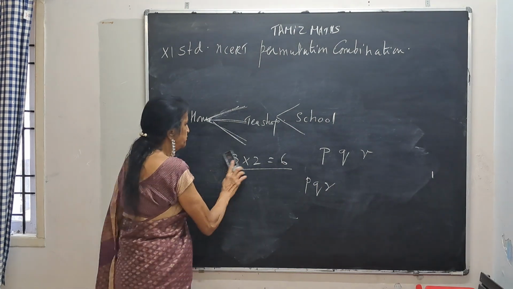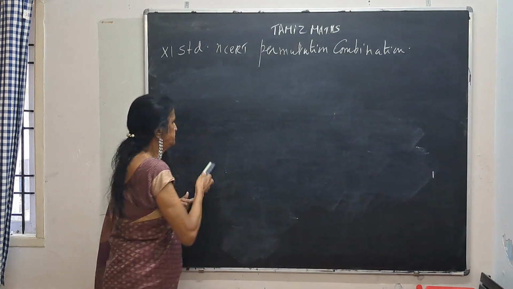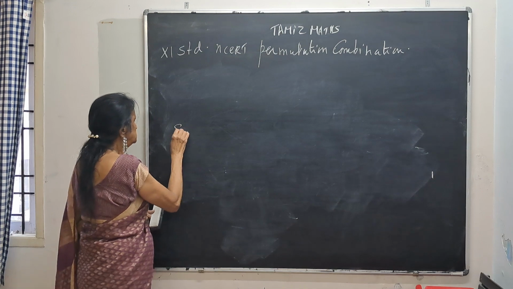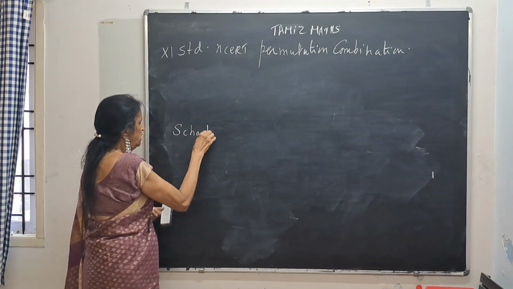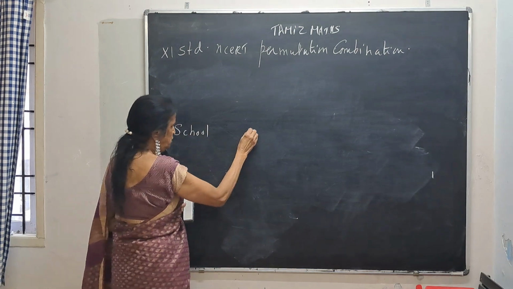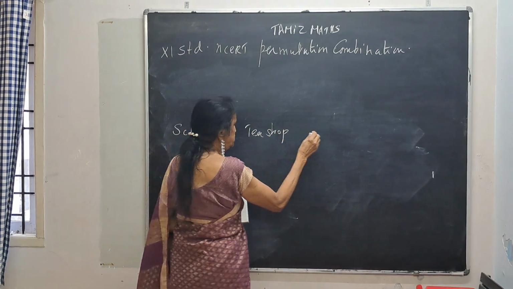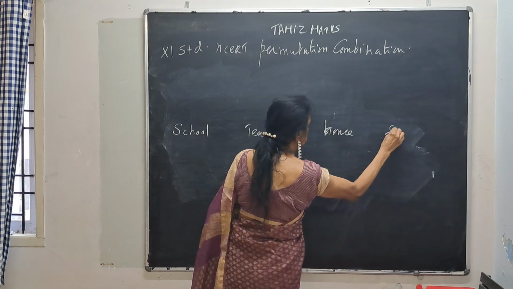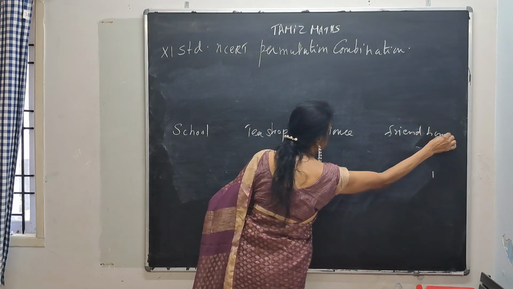Like that, you have many things which can happen. For example, I have school, and from school I go to the tea shop. I write the other way around. And from the tea shop I go home, and after going home I go to my friend's house.